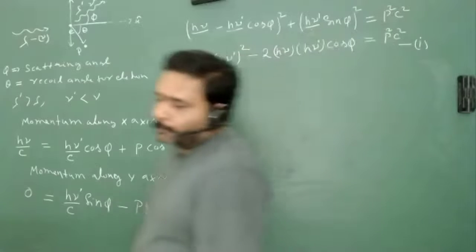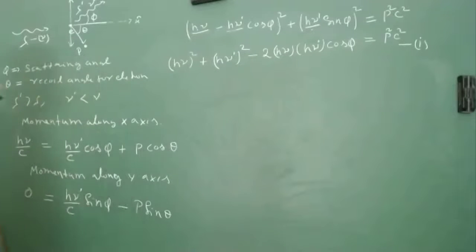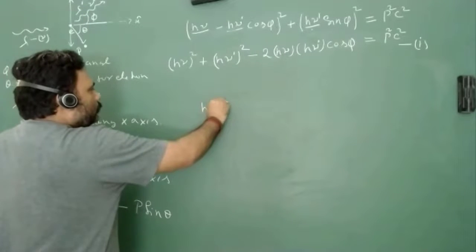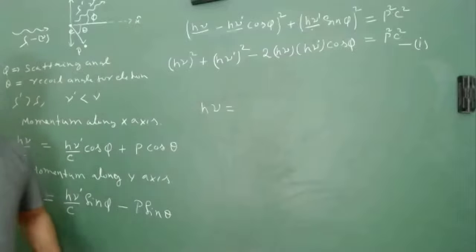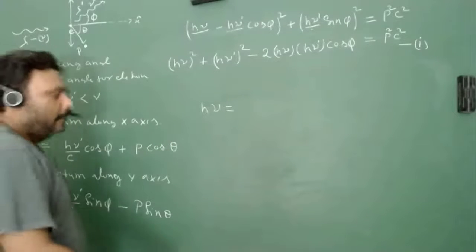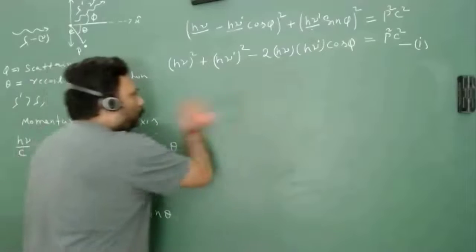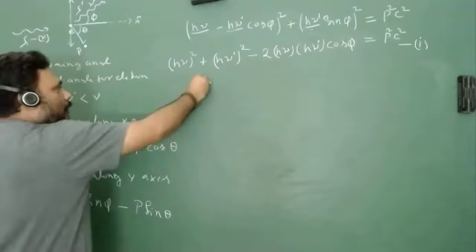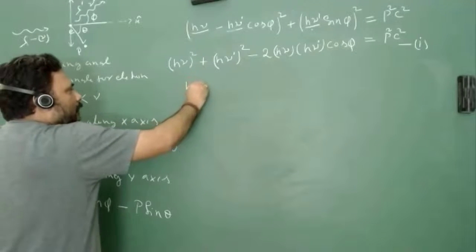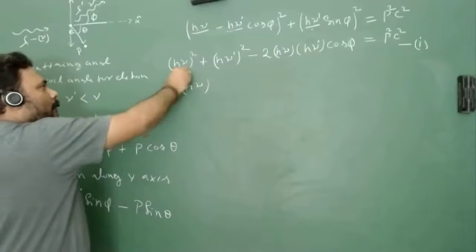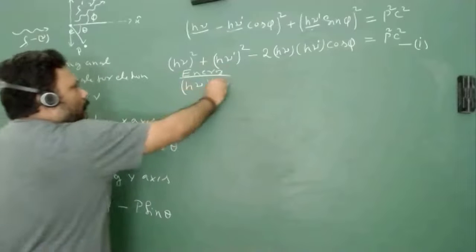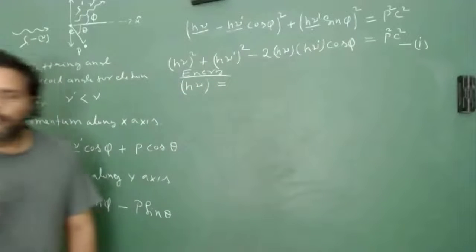Now, let's go to conservation of energy. So what will be the conservation of energy? This h nu is the incoming energy, and I am just talking about energy. h nu is equal to, this energy will be divided into two parts.